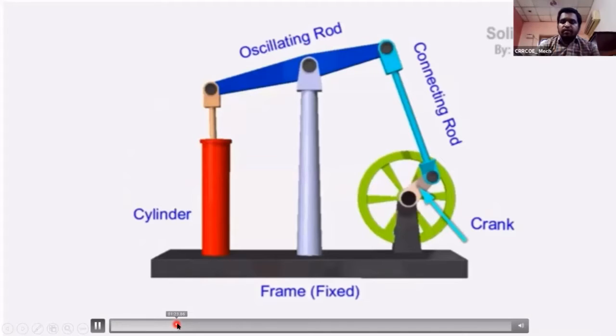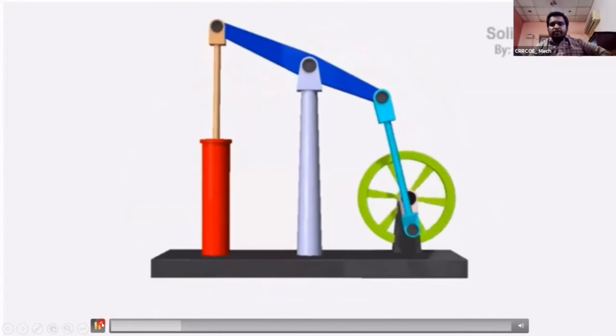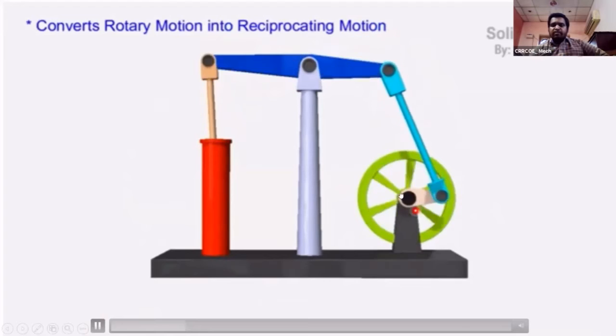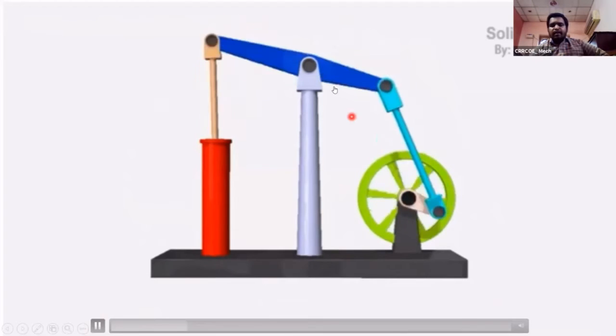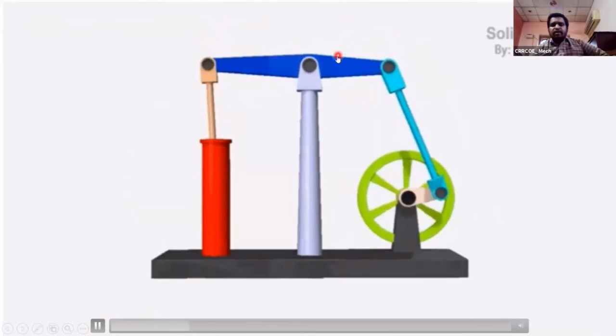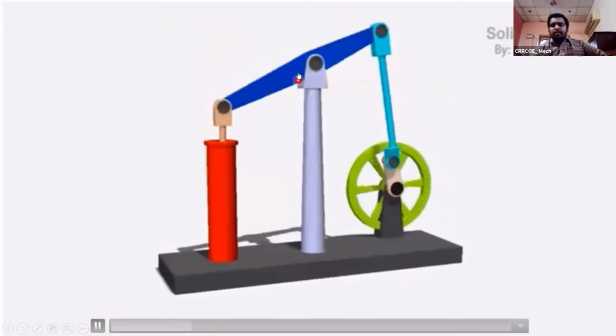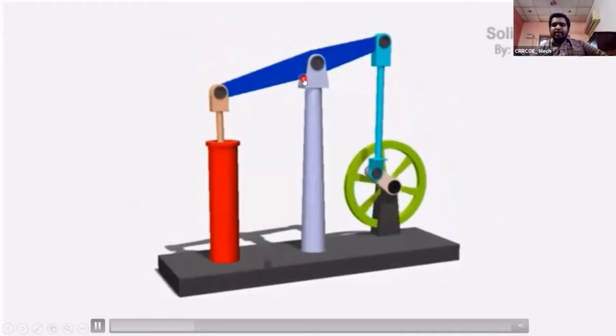Next, this is the second inversion of the four-bar chain mechanism. This is called the crank lever mechanism. One link makes complete revolutions, that is called the crank, and one link is oscillating, this is called the lever. So here we have one crank and one lever, that's why it is called the crank and lever mechanism.